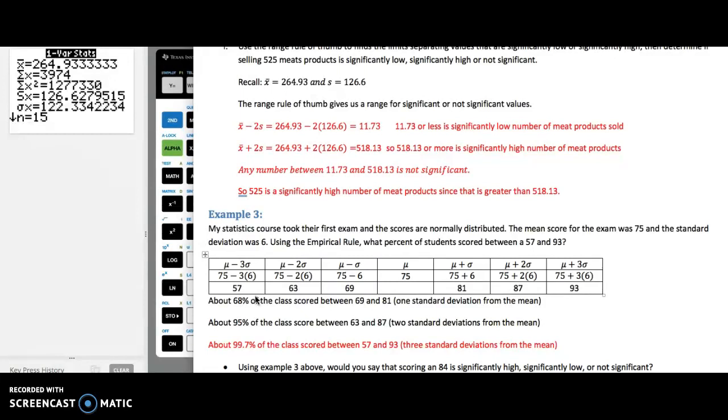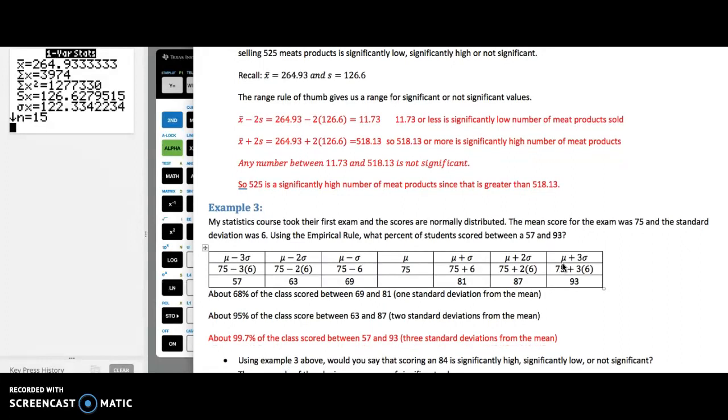So the question asks, using the empirical rule, what percent of students scored between a 57 and a 93? Well, in order to get to the number 57 and the number 93, you have to go out 1, 2, 3 standard deviations from the mean. So that means about 99.7% of the class scored between a 57 and a 93.